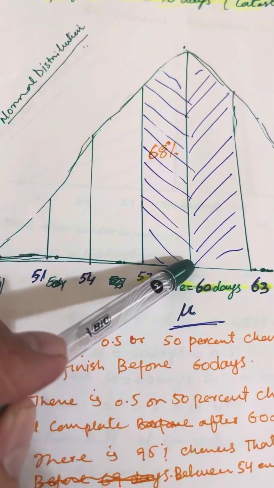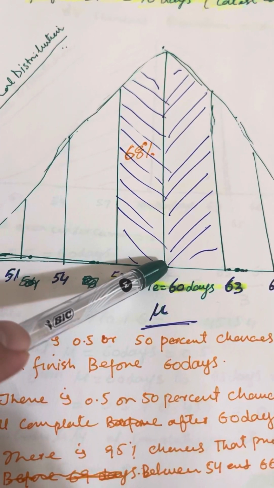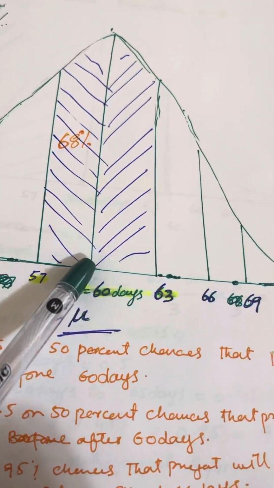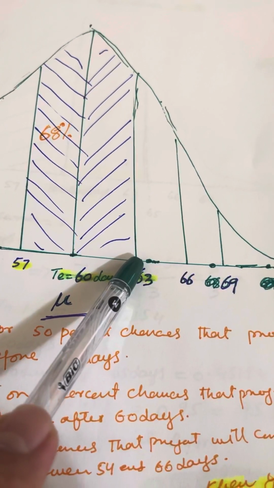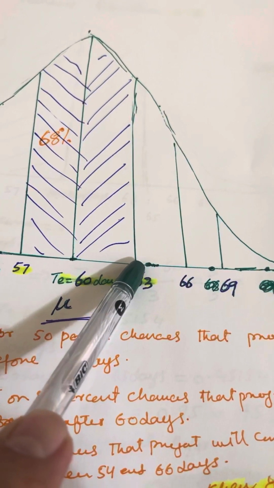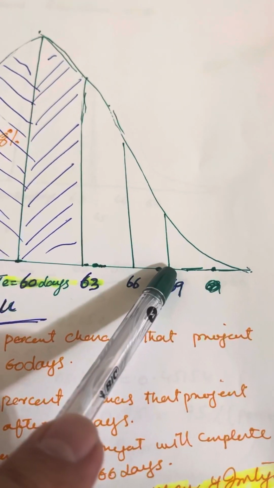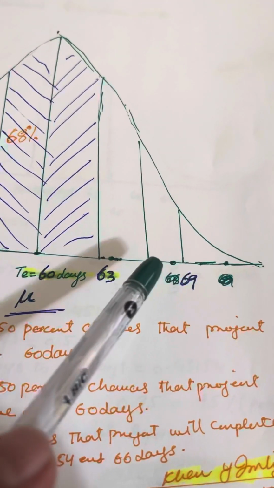Let's say from here, this is the mean expected duration, earliest finish 60 days. When you go from here to here on the right side, one standard deviation, plus 3, it's 63, then plus 3 it's 66, then plus 3, 69. So it's usually 3 standard deviations on the right side.